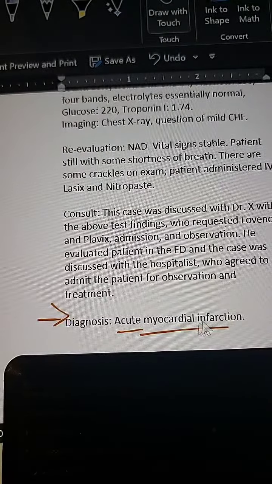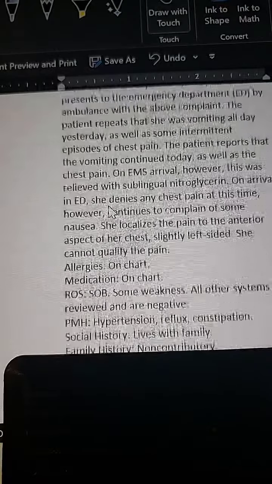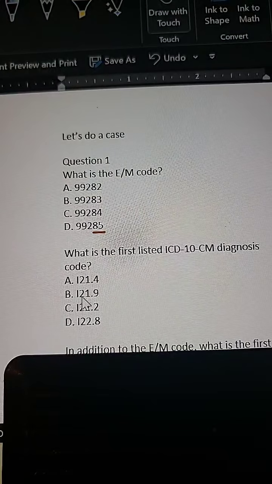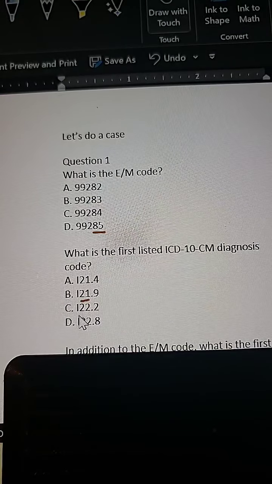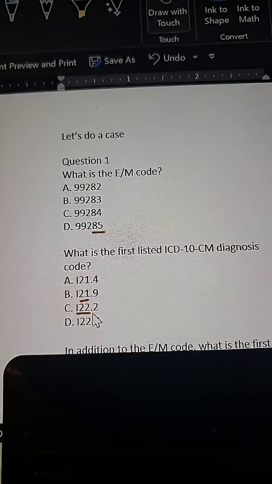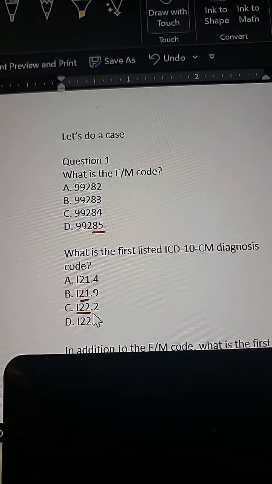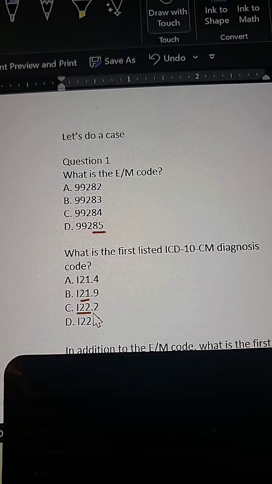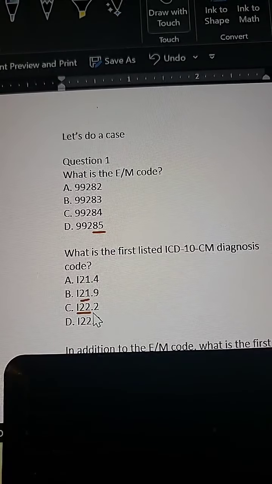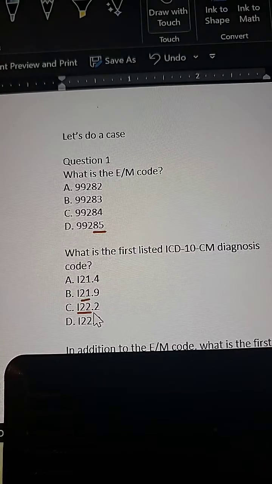Acute heart attack. Which diagnosis code would that be? Would be an I21 or an I22? That's our first thing we need to worry about. What's our difference between I21 and I22? My notes, Lord, for all this is so cool.